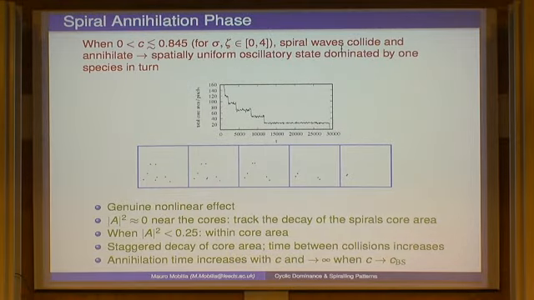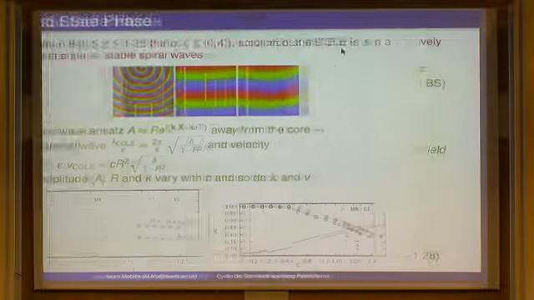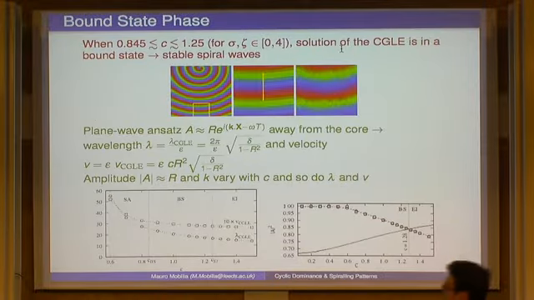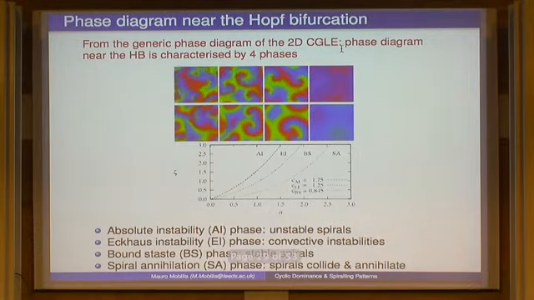What happens is that as we approach the boundary, so obviously we are here, in the spiral annihilation phase. When we approach this boundary here, the bound state, the time necessary for annihilation goes to infinity.